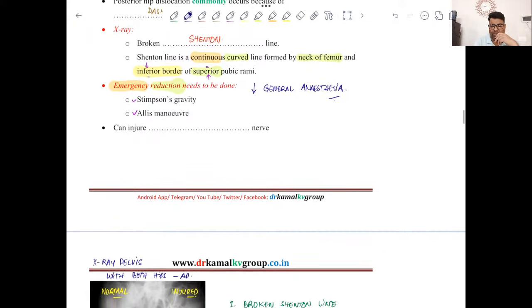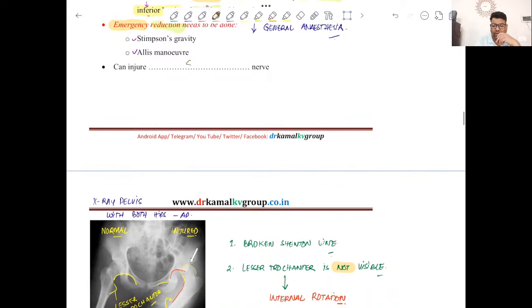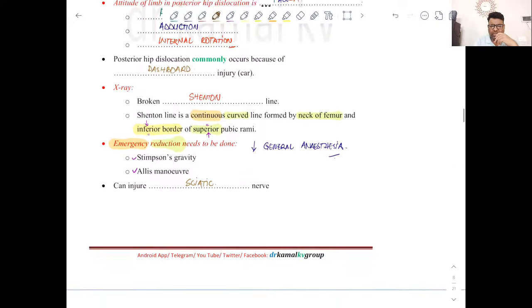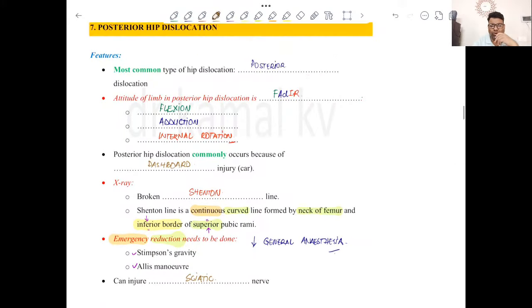The complication is that a nerve which is passing behind can get injured. So there can be injury to the sciatic nerve, right? These are the important points which you should know for posterior hip dislocation.